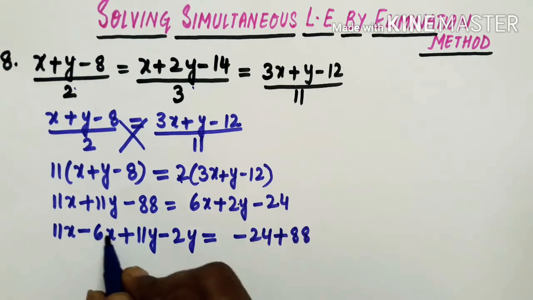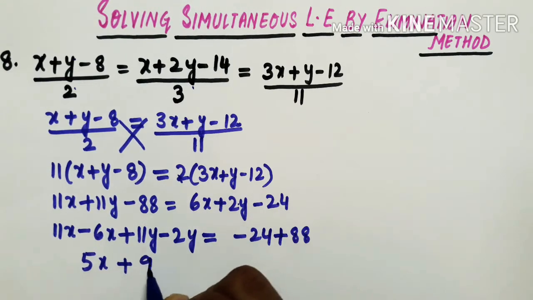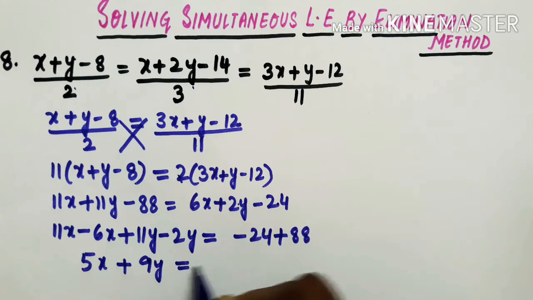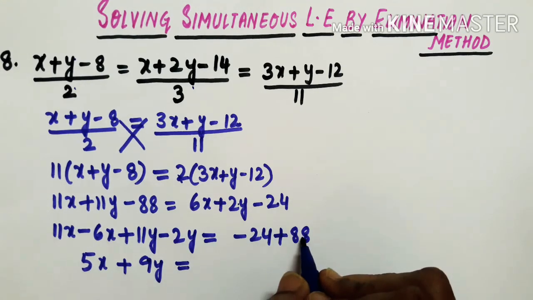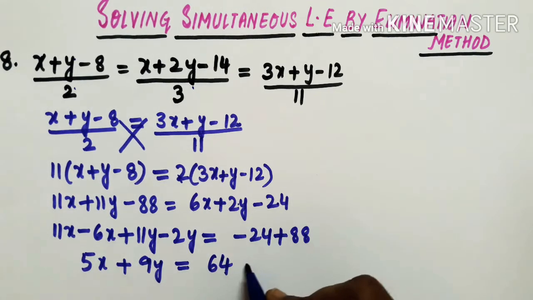So 11 minus 6 will be 5x plus 11 minus 2 will be 9y equals minus 24 plus 88. So 88 minus 24 will be 64. So plus 64. So this is your equation 1.